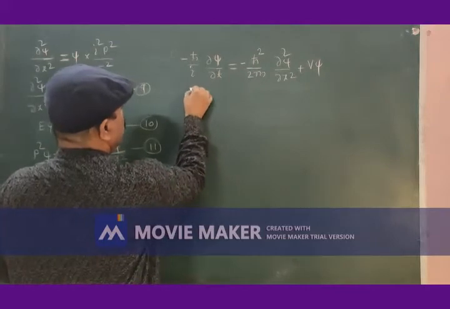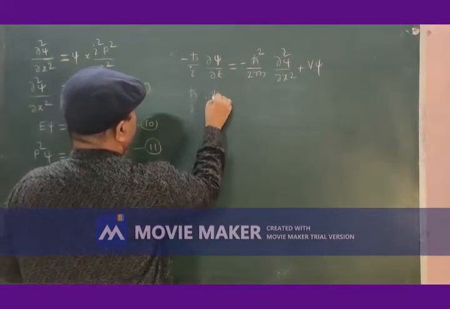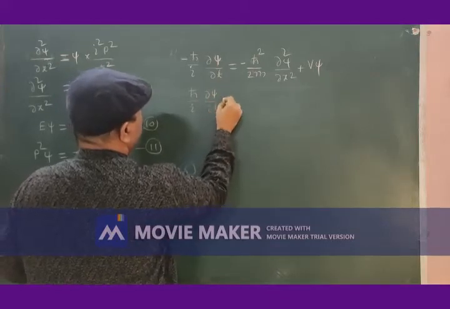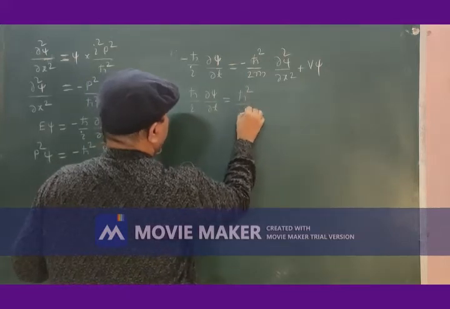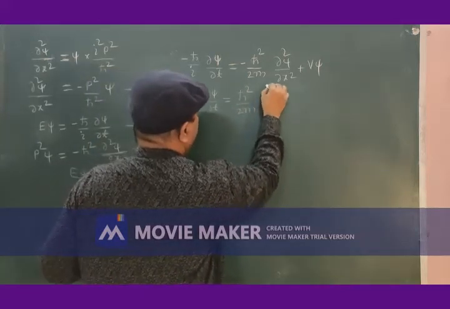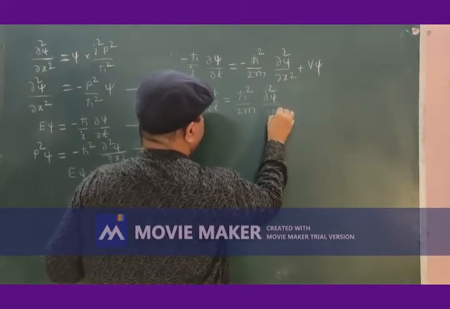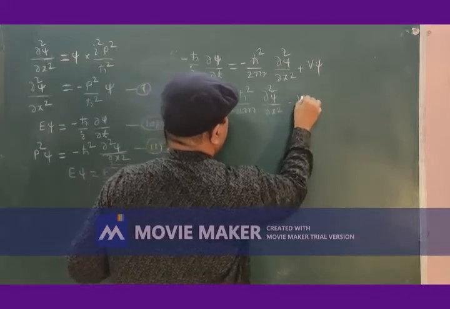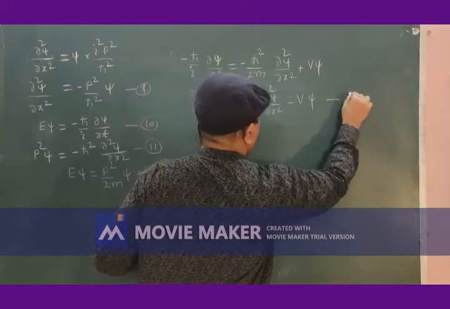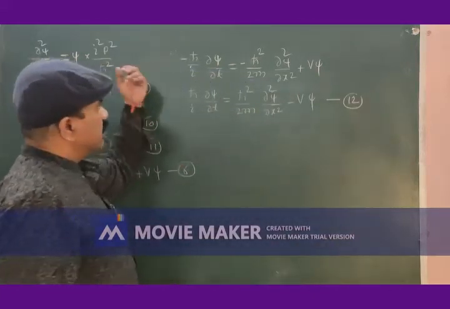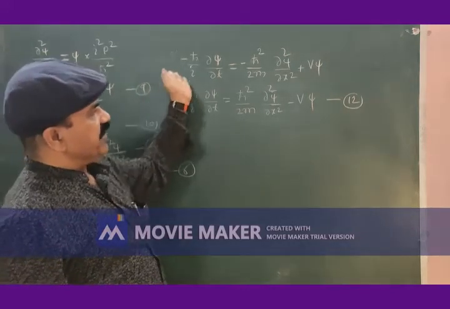The minus from the LHS is taken common and sent to the RHS.